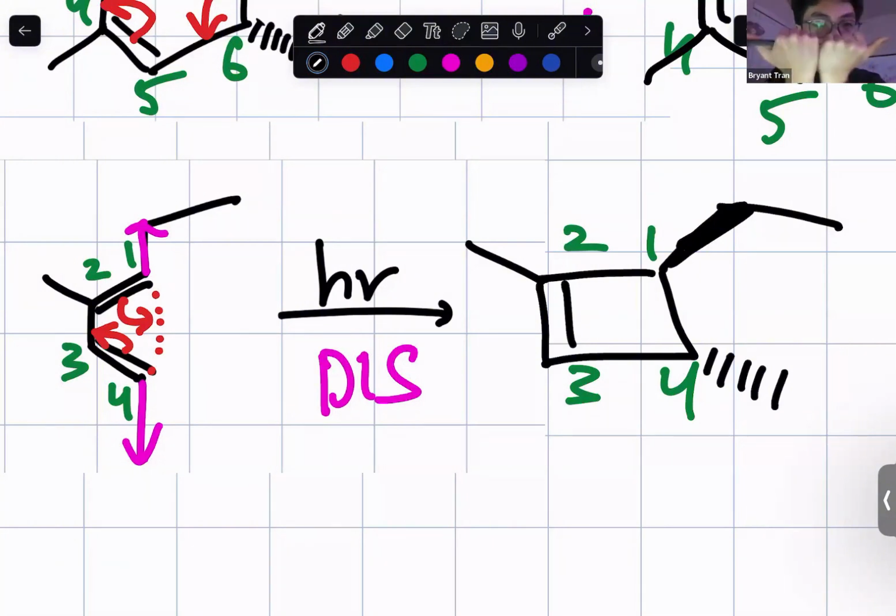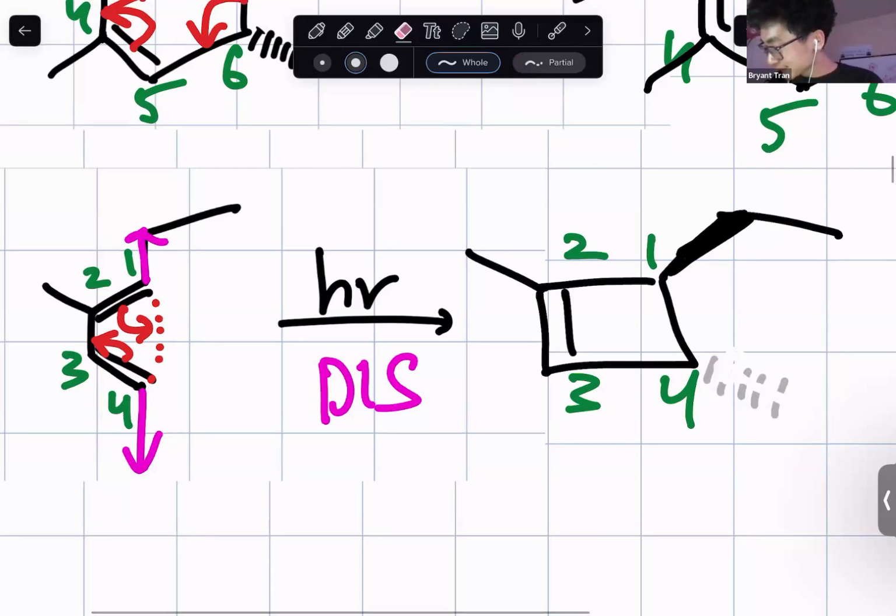We could have done it the other way. If I rotated this thumb counterclockwise, I would have to rotate... Wait, hold on. I think I'm doing something wrong here. I think I rotated the wrong direction. So if I rotated this thumb clockwise, that means this thumb would have to rotate counterclockwise, going this way. Yeah. So I rotated it incorrectly.